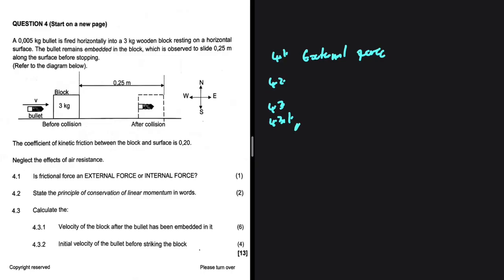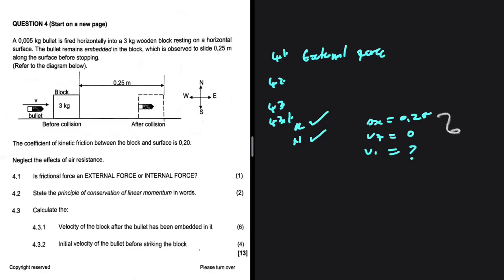So I have the coefficient of frictional force. I have the normal force, and I have the mass of the bullet and the block. What other information do I have? I have delta x, which is equal to 0.25, and I have VF, which is equal to 0. I don't have VI. VI is what I'm looking for.